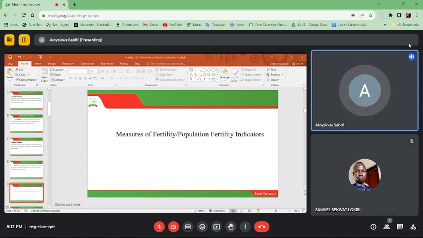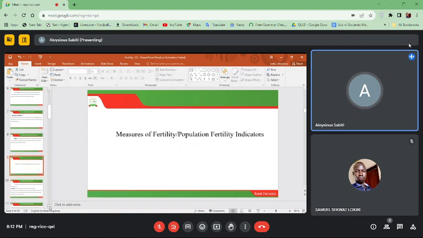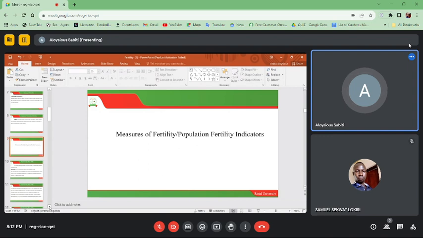So today we shall just be running through some of the measures of fertility in a population, because they are very key when you're implementing a particular project. You can do a projection of the kind of population you will have in the near future, but also the quality of the population you will have.